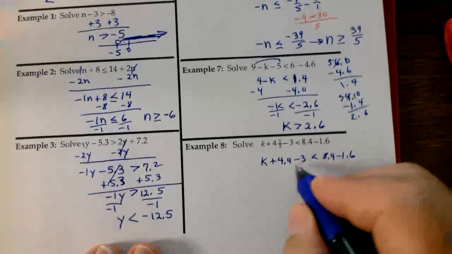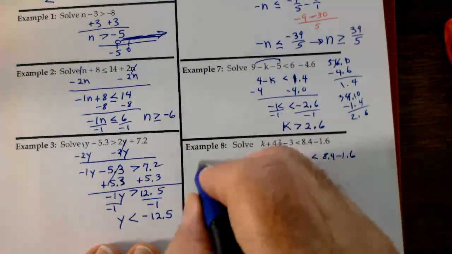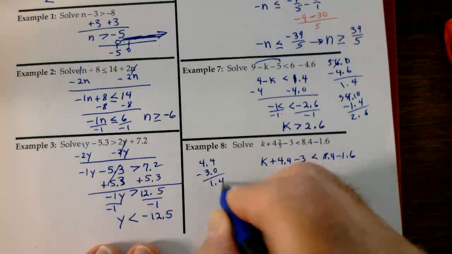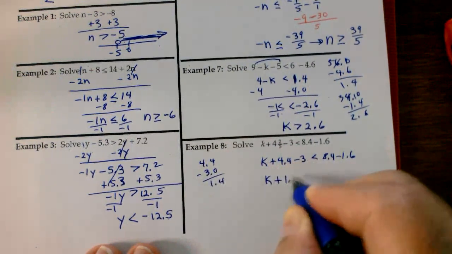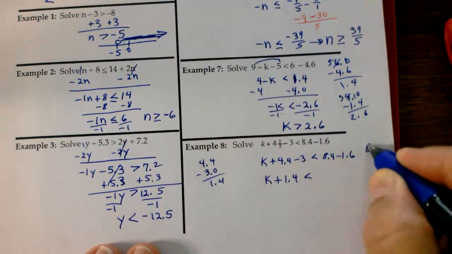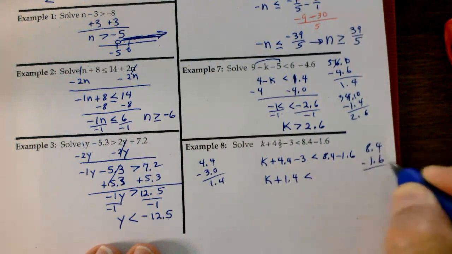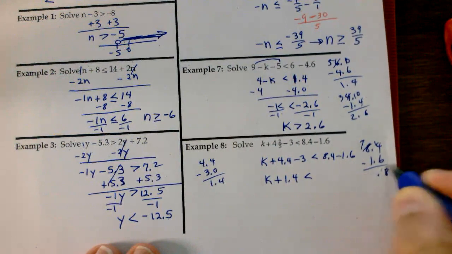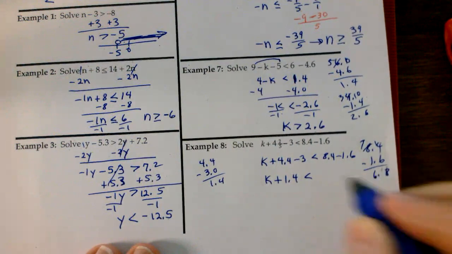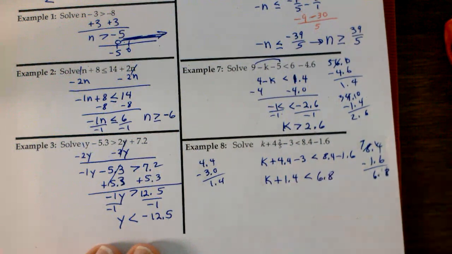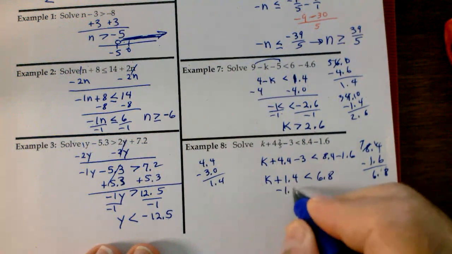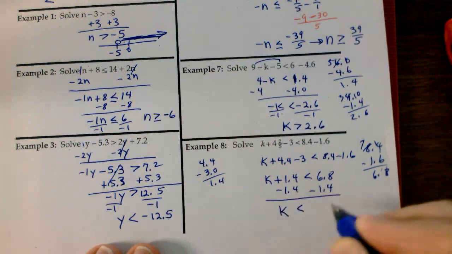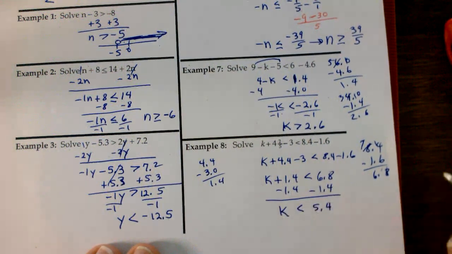Now let me do the arithmetic. 4.4 minus 3.0, I'm going to get 1.4 on this side. And 8.4 minus 1.6, that's going to be 6.8. And then we do the last step, minus 1.4 on both ends, and you get 5.4.